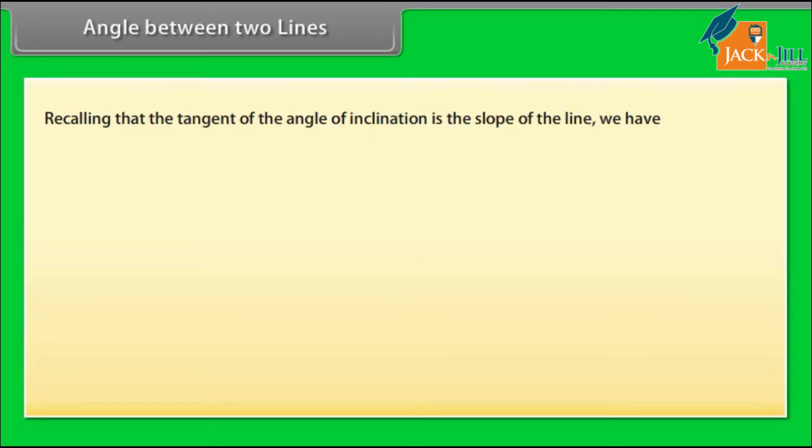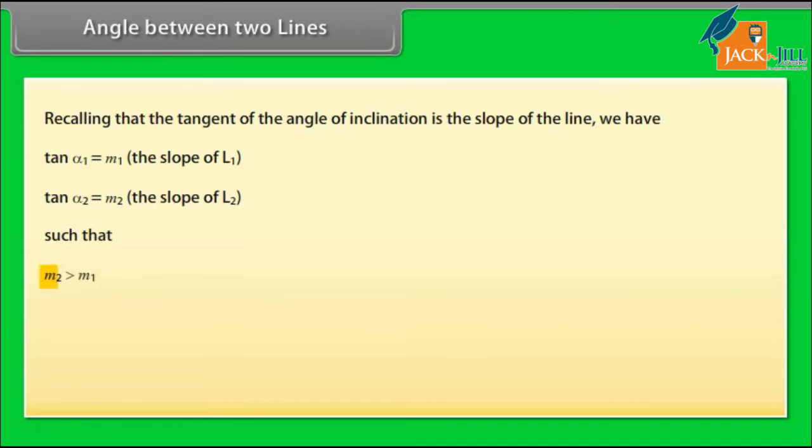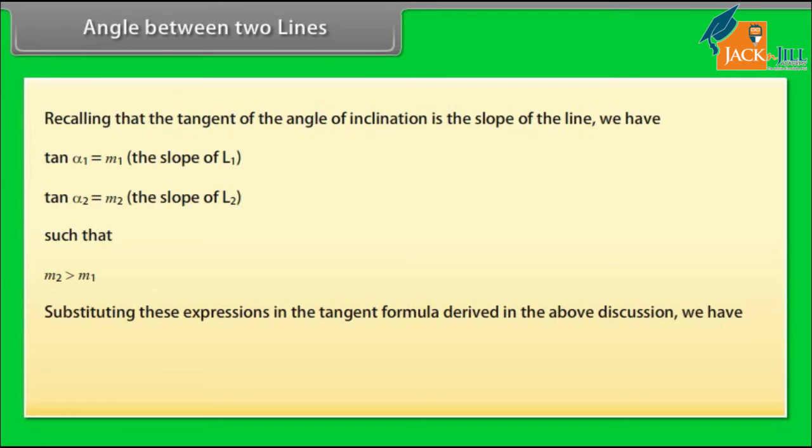Recalling that the tangent of the angle of inclination is the slope of the line, we have tan alpha 1 is equal to m1, that is the slope of L1. Tan alpha 2 is equal to m2, that is, the slope of L2, such that m2 is greater than m1. Substituting these expressions in the tangent formula derived in the above discussion, we have tan phi is equal to (m2 minus m1) divided by (1 plus m1 into m2).